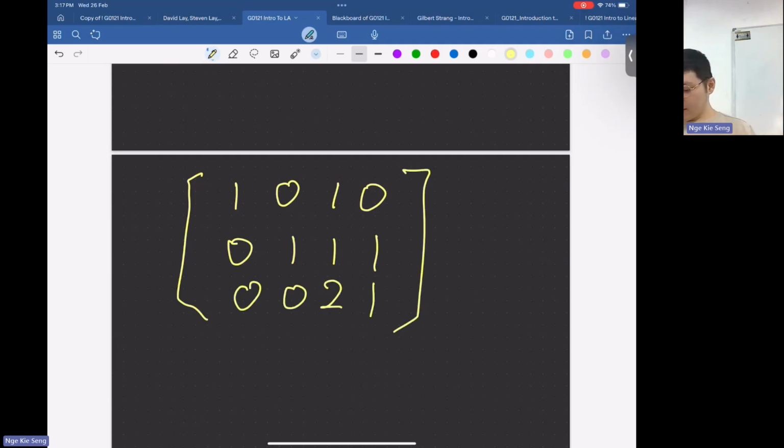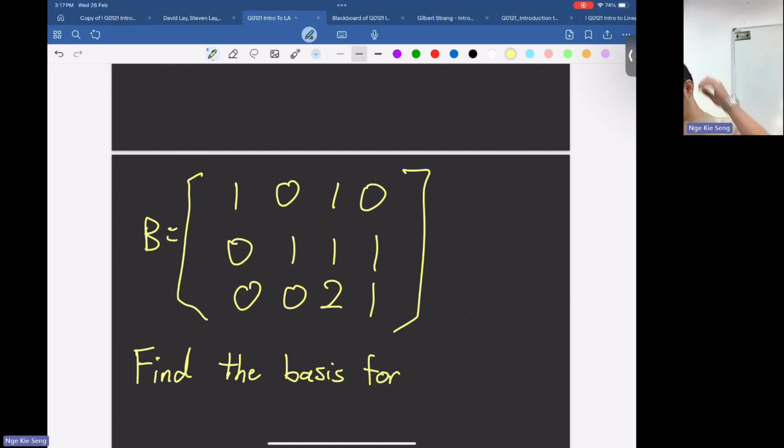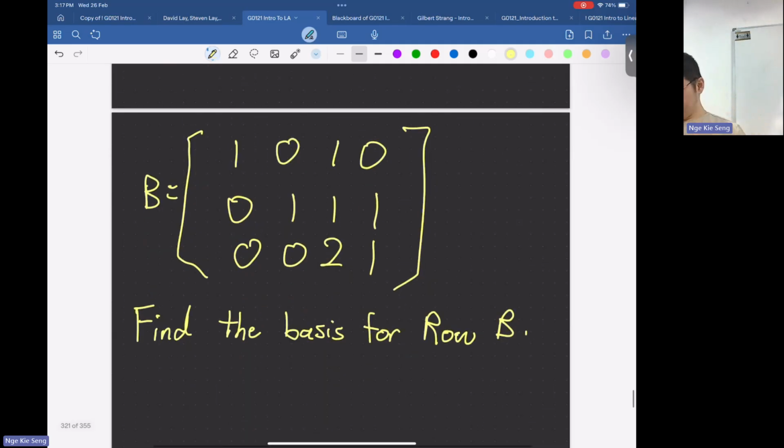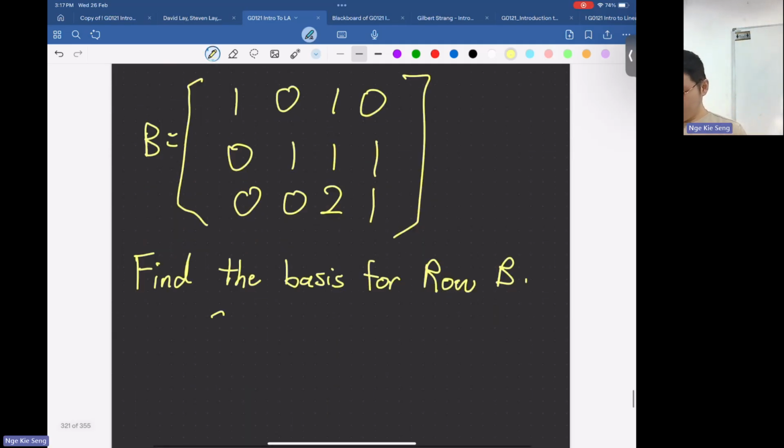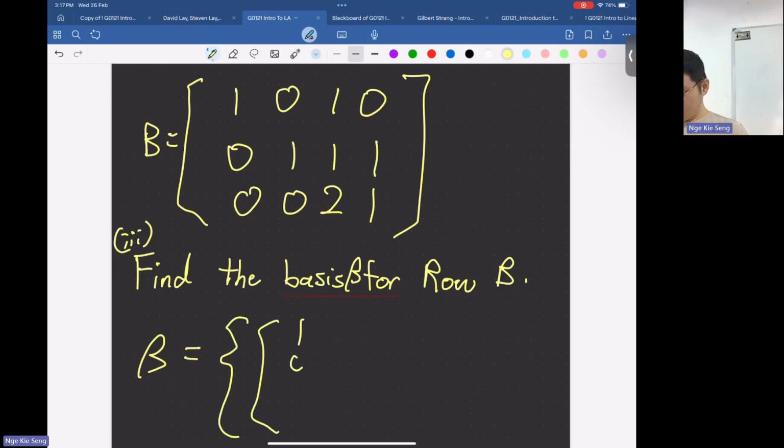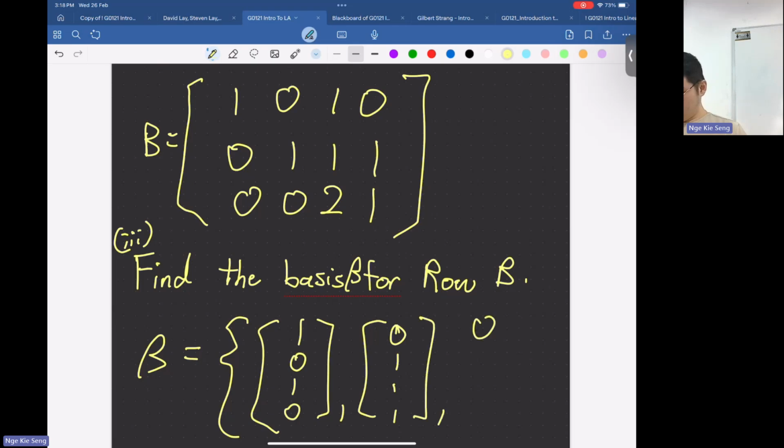Let's say we want to find, let's call this B, the basis for Row B. So it is actually, let's call it beta, equal to 1, 0, 1, 0, 0, 1, 1, 1, and 0, 0, 2, 1.